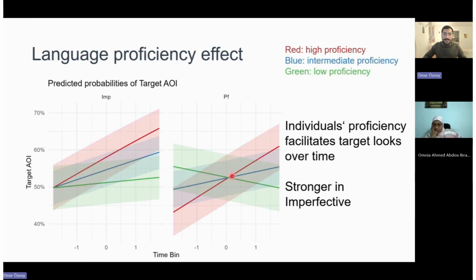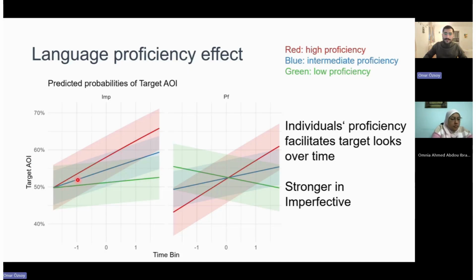What we learn additionally is that there is an effect of language proficiency. On the x-axis here, we have time, which is scaled, which is why it looks like -1 to 1, but that's time, from the start of the sentence to the end of the sentence. And we see that people with higher language proficiency scores, that's the red color, look to the target image earlier and more than people with lower proficiency.